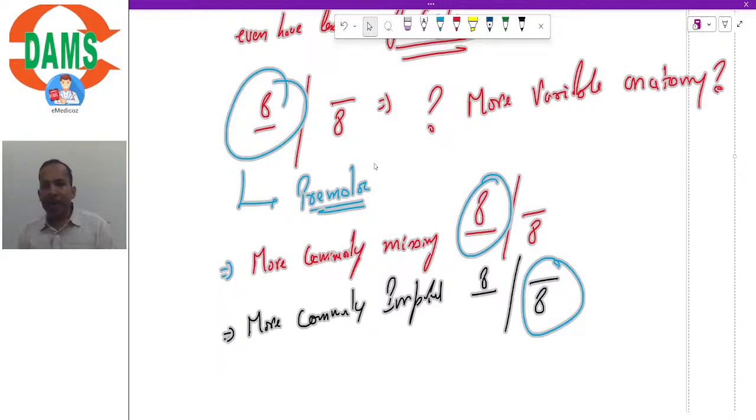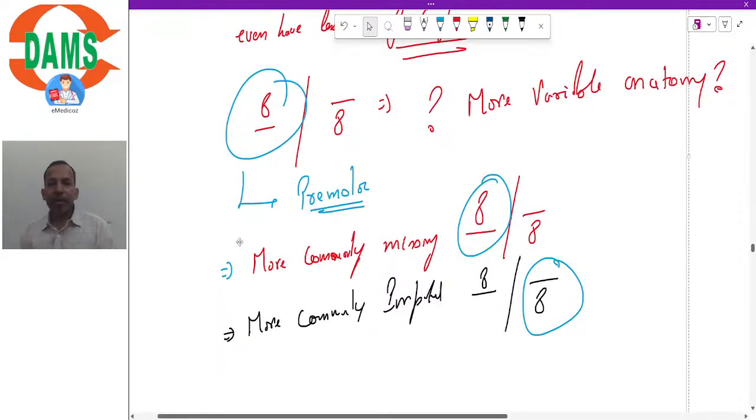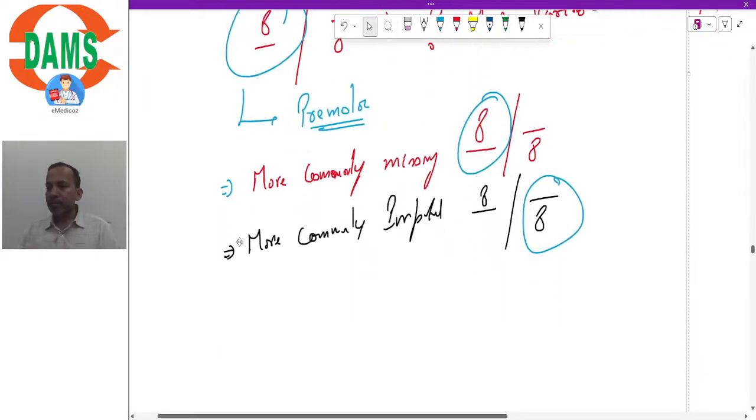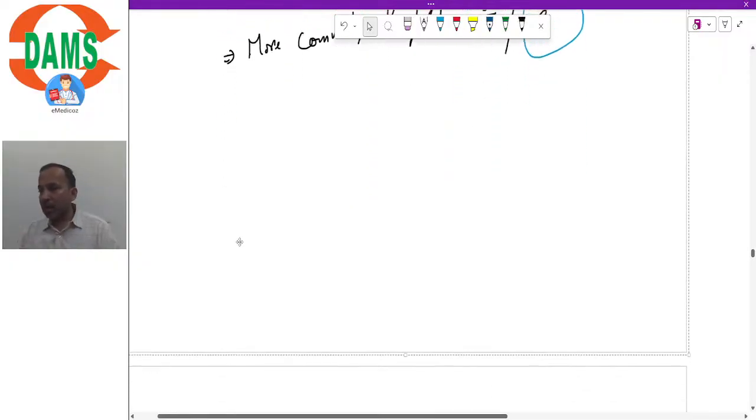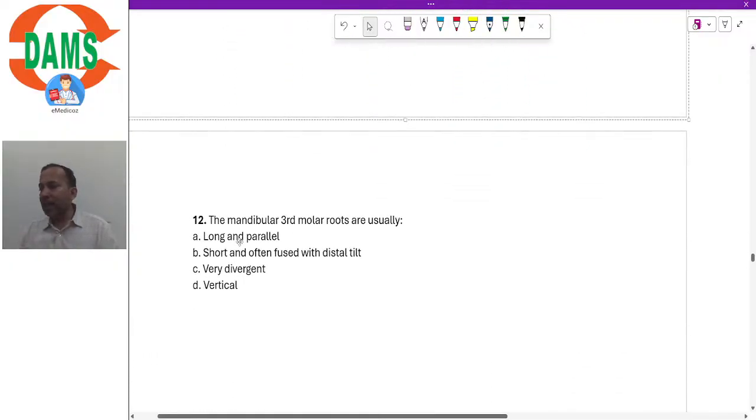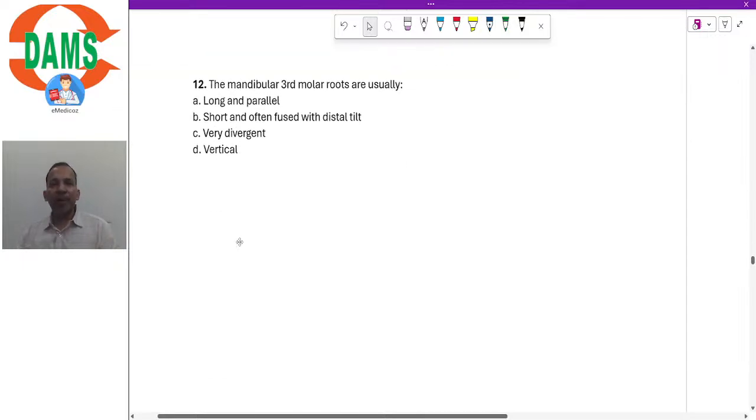So more commonly impacted is lower 8. Mandibular third molar is more commonly impacted.